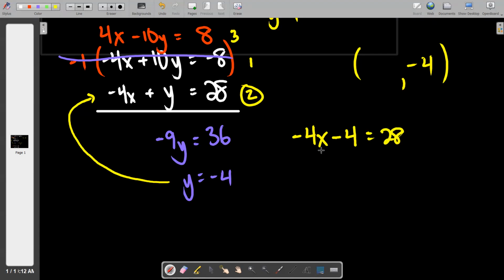Add 4, you get 32. Divide by negative 4, and x is negative 8. So the solution is the point negative 8, negative 4. Meaning if you graph those 2 lines, they'd cross down in quadrant 3 at the point that is left 8, down 4, way down there.